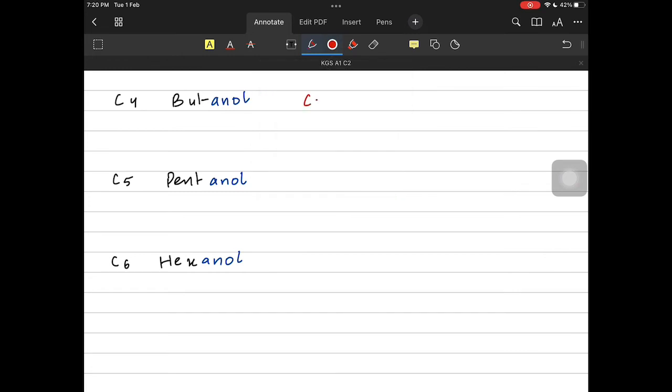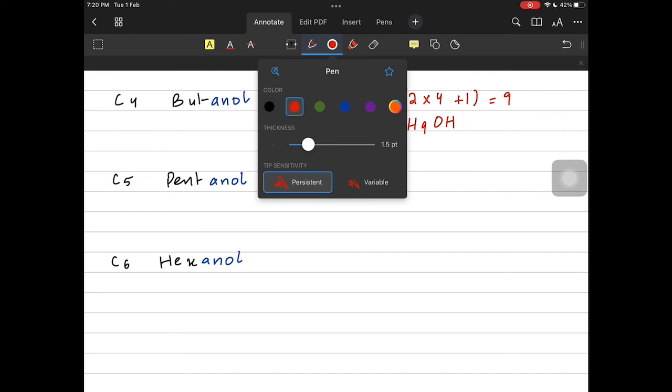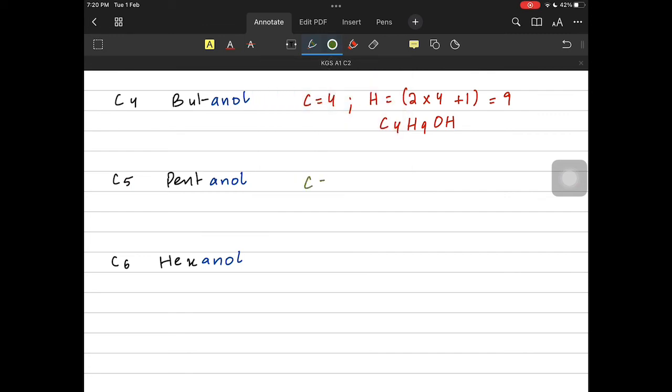Let's try out their formula writing. If carbon is equal to 4, hydrogen has to be 2 times 4 plus 1, which is 8 plus 1, 9. So the formula becomes C4H9OH, and OH is a constant for alcohols. Pentanol has 5 carbons, right? So if carbon is equal to 5, hydrogen has to be 2 times 5 plus 1, which is 10 plus 1, 11, C5H11OH.